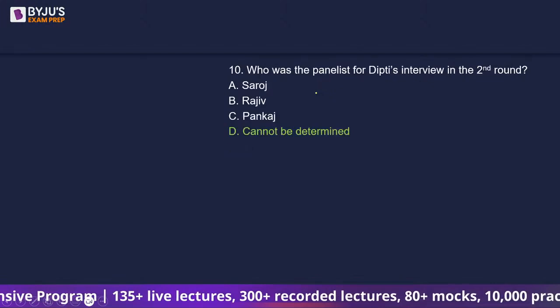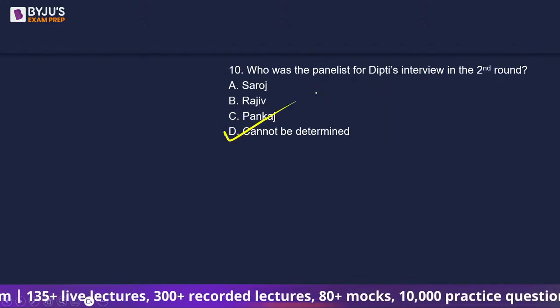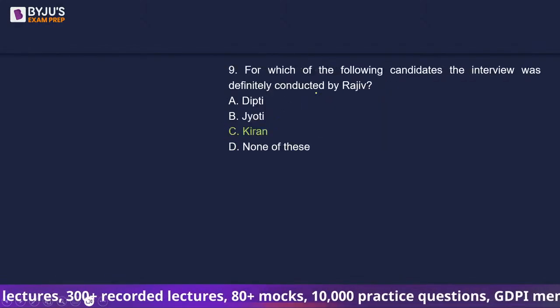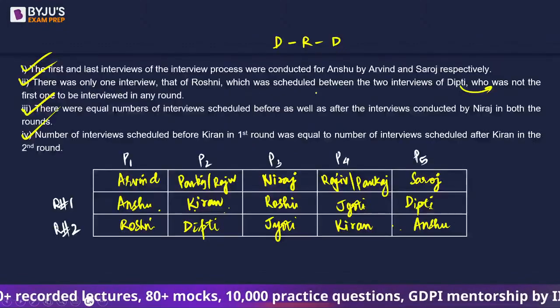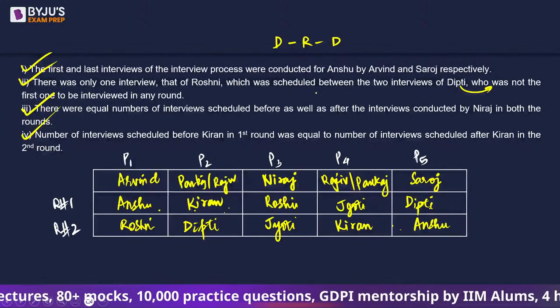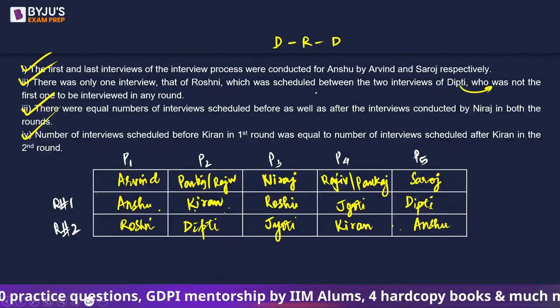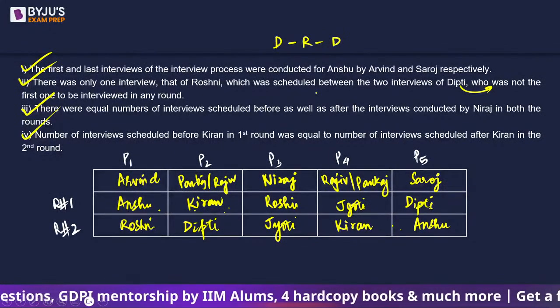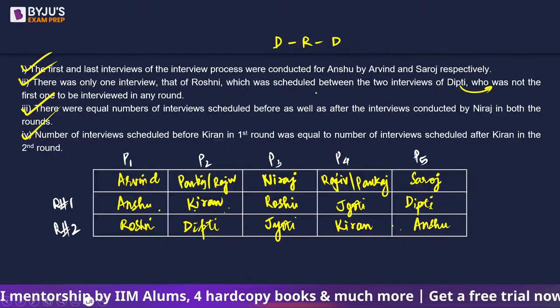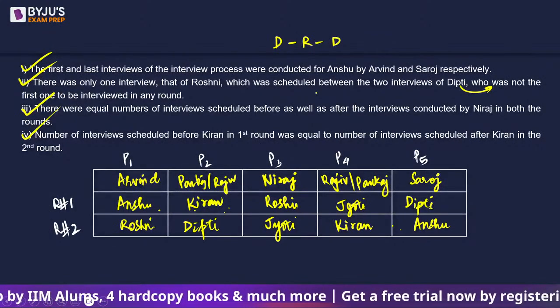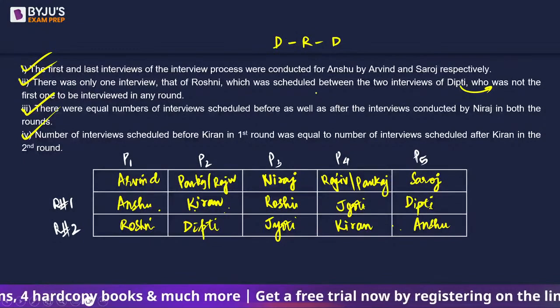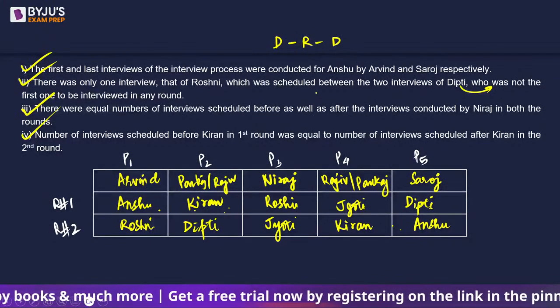दोनों round का बताना है, ठीक है? For how many candidates it's talking about? So if we talk about एक एक करके, do we know Anshu का दोनों round में किसने किसने interview लिया? Who took interview of Anshu in both the rounds? Yes. Do we know about Kiran? No. Oh yes. No, but we don't know first round who took and second round who took. So Kiran is not there.